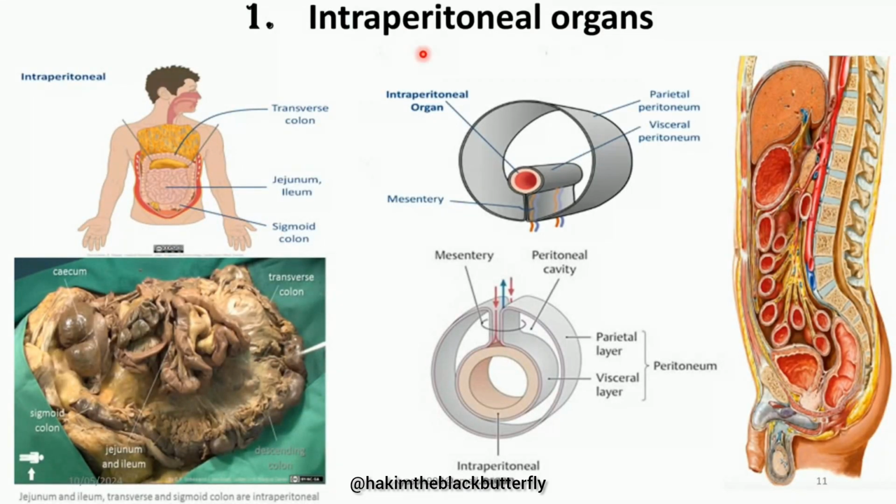Structures that we call intraperitoneal include our small intestines, specifically the coils of the jejunum and the ileum. Those coils, which you see here, are going to be suspended in your abdominal cavity with the help of the structures that we call the mesentery.